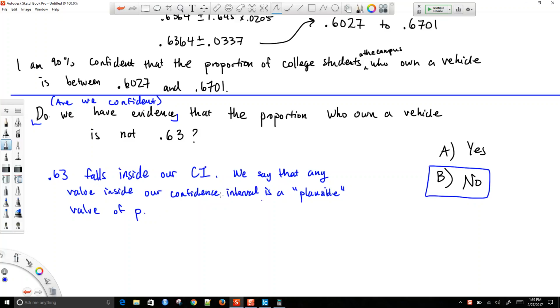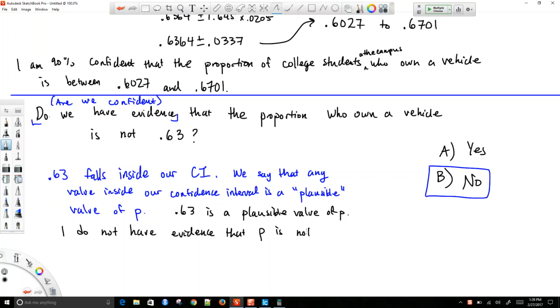Now we have to be careful with all of these double negatives, and I have to phrase it exactly that way. I have to say 0.63 is a plausible value of P, and I do not have evidence that P is not 0.63.